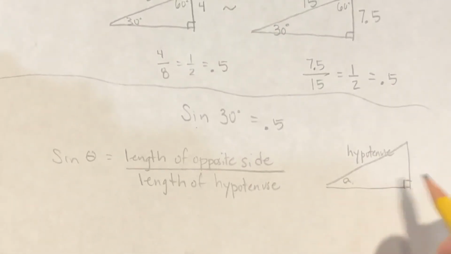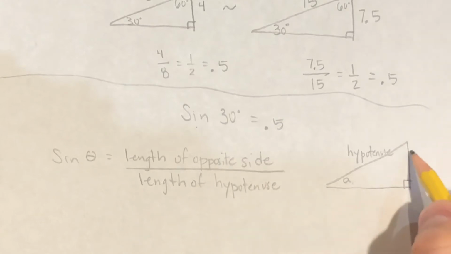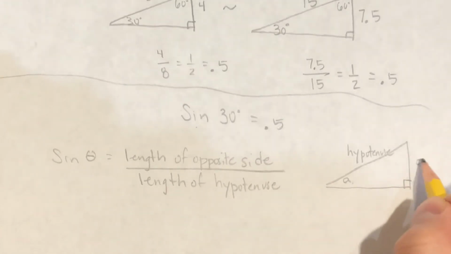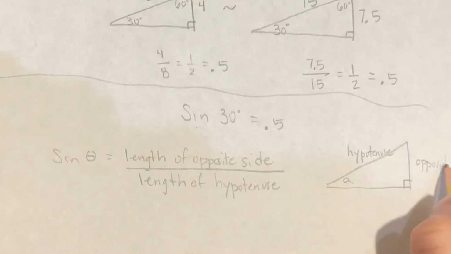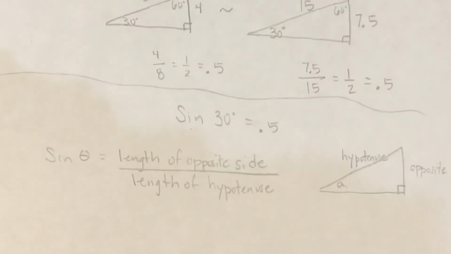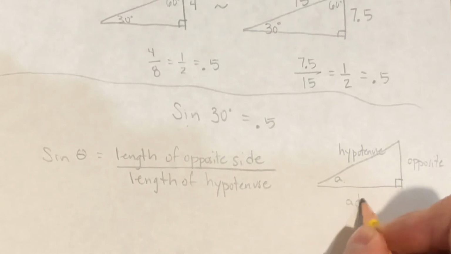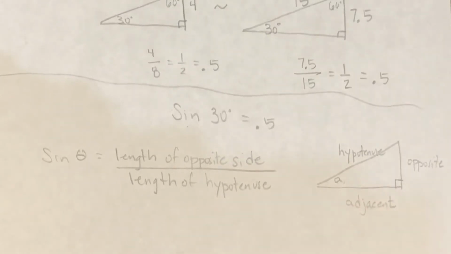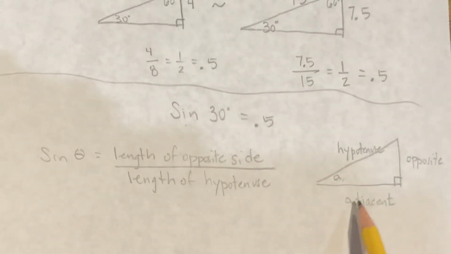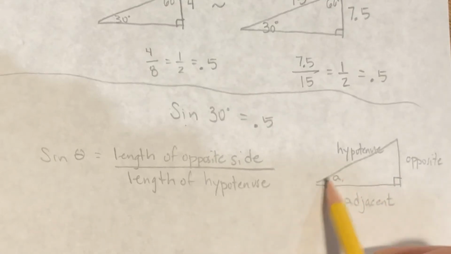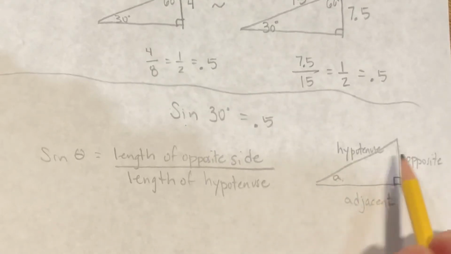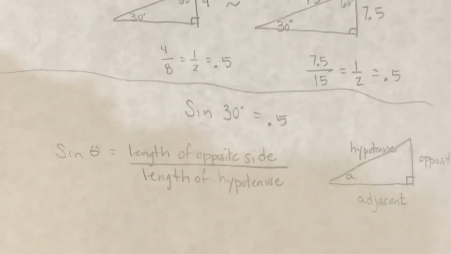Generically, they're legs, but relative to this angle specifically, this side is on the opposite side of the triangle, and this side is right next to it, or the phrase we use is adjacent, which just means next to. So relative to this angle A, this is the length of the opposite side, and this is the length of the hypotenuse.